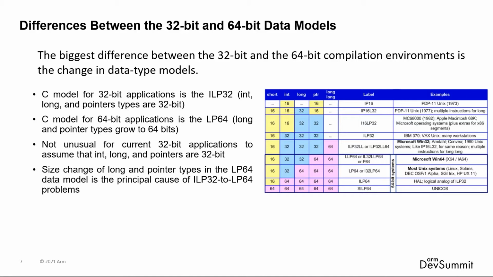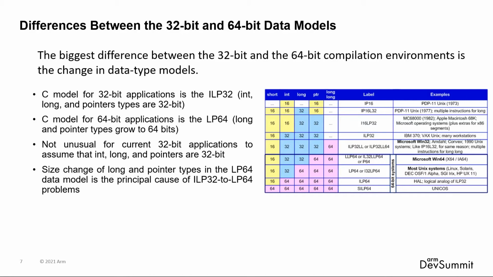On the second line of the table, you see IP16 L32. This means that integer and pointer values are represented as 16 bits, while longs are 32-bit values. A common 16-bit architecture reference from the past, one we probably all want to forget.